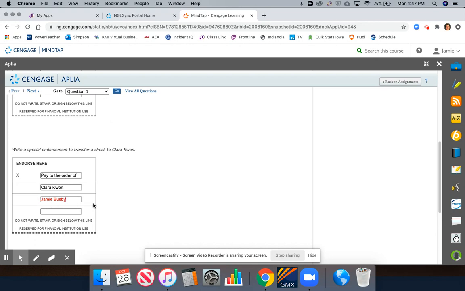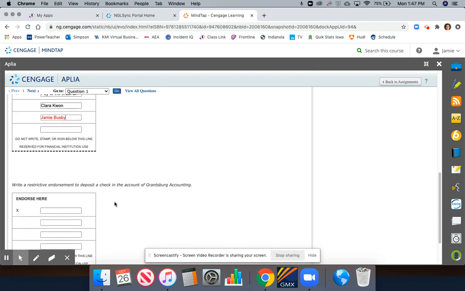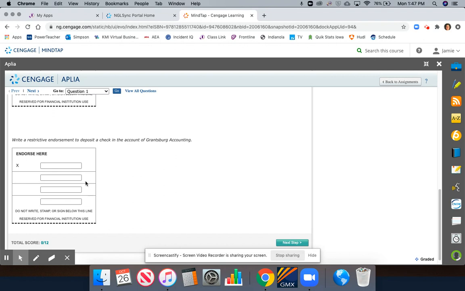Everyone's answer will be slightly different since we're using our own names, so be sure you use your own name on that. Finally, we're going to do a restrictive endorsement. So we are restricting that this check only be deposited to the account for Grantsburg Accounting. So we are going to write for deposit only.